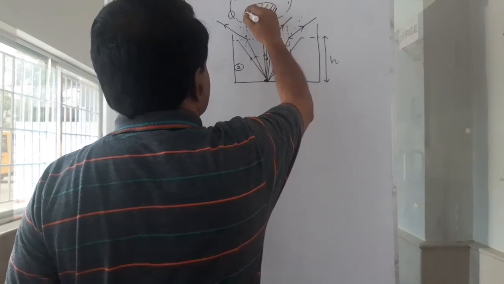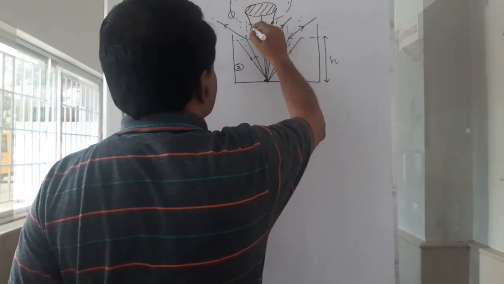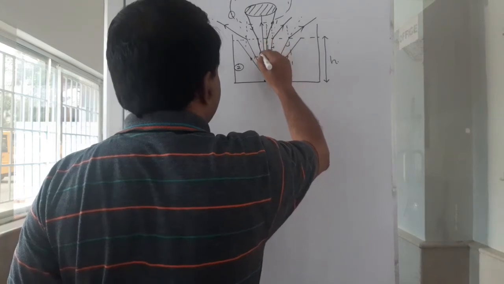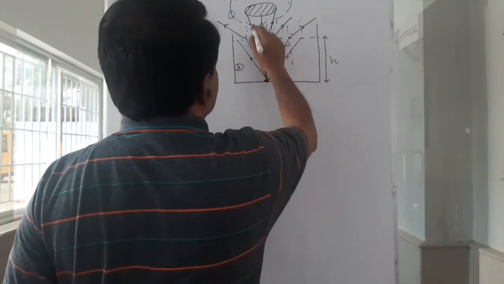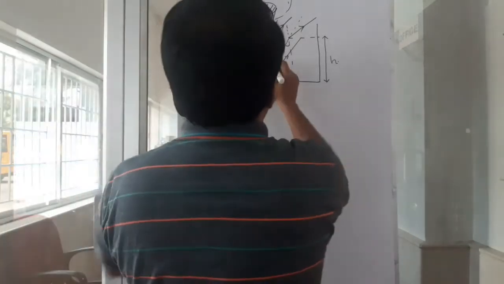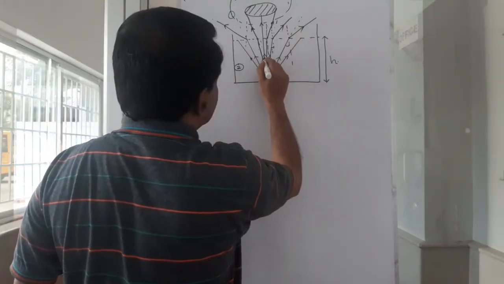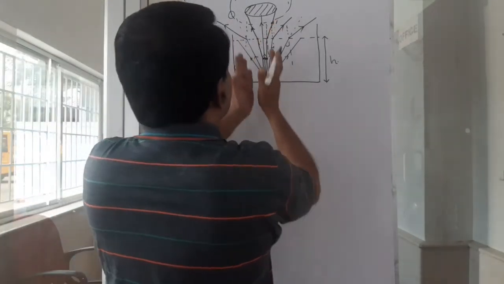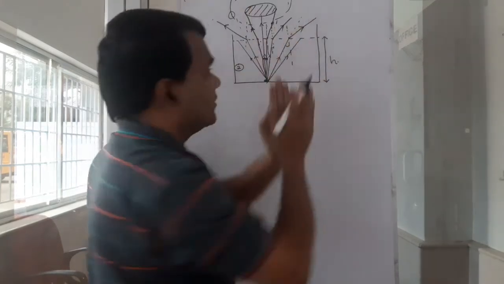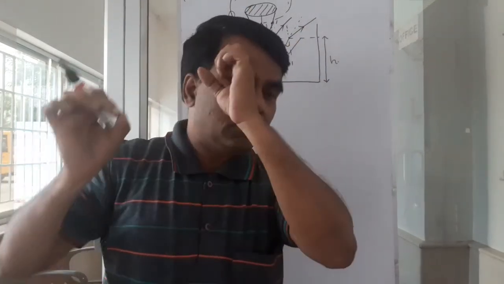Likewise, I would get another ray this way. So the rays in this small angle reach the surface and then deviate, and the deviated rays go and fill my pupil.